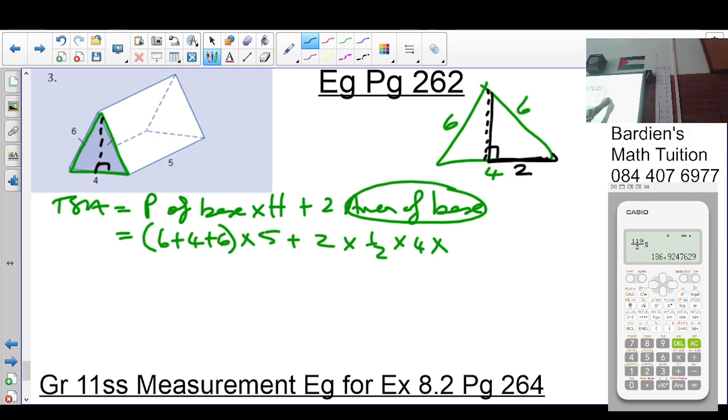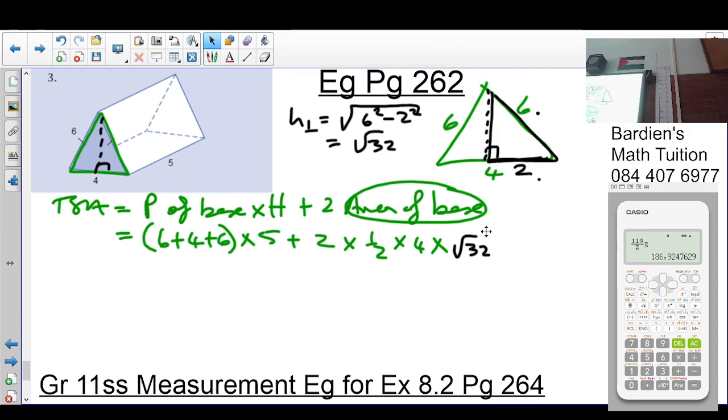So there we have the right angle triangle. So that perpendicular height is simply going to be the square root of 6 squared minus 2 squared. 6 squared is 36, 2 squared is 4. So it's going to be the root of 32. Right, you guys understand? So I can just put that on my calculator.